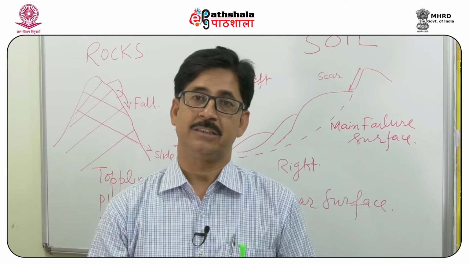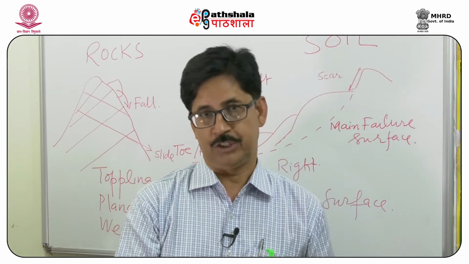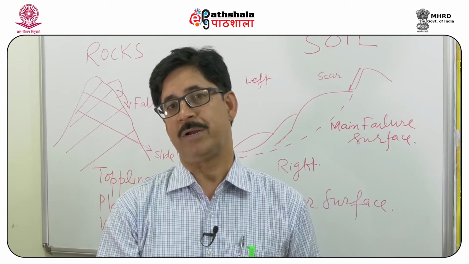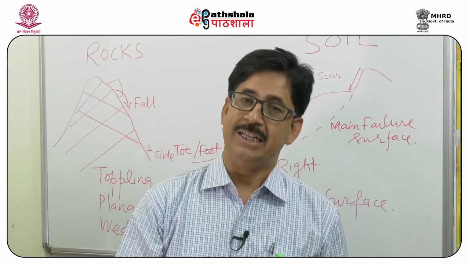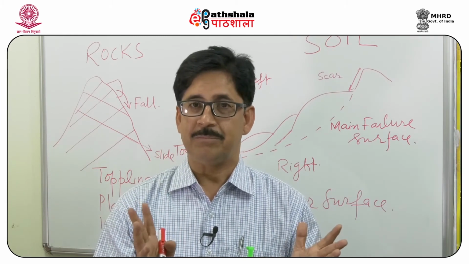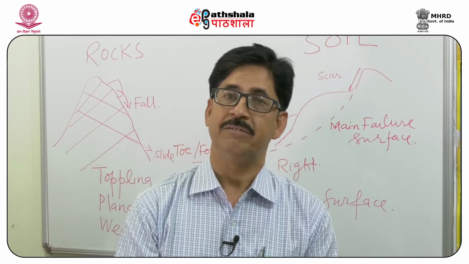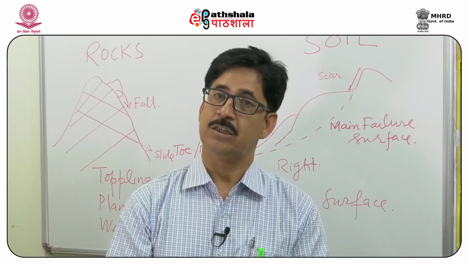So all these mappings have to be taken up, which include geological mapping, hydrogeological mapping, groundwater mapping, land cover mapping, and land use mapping. Then all these maps have to be synthesized, and accordingly we come up with the different kinds of landslide hazard zones.